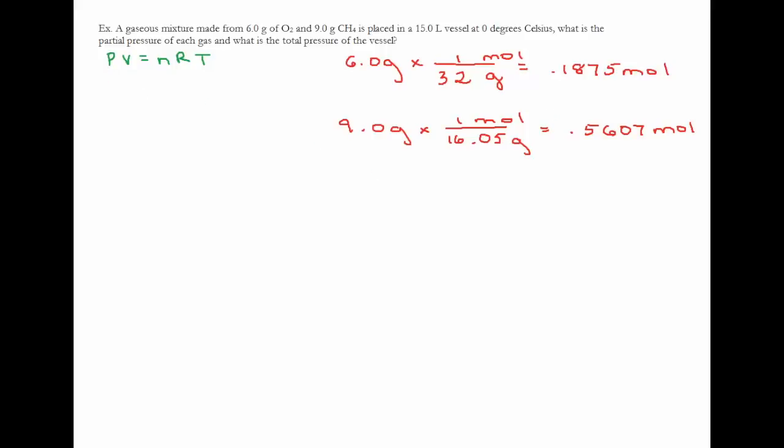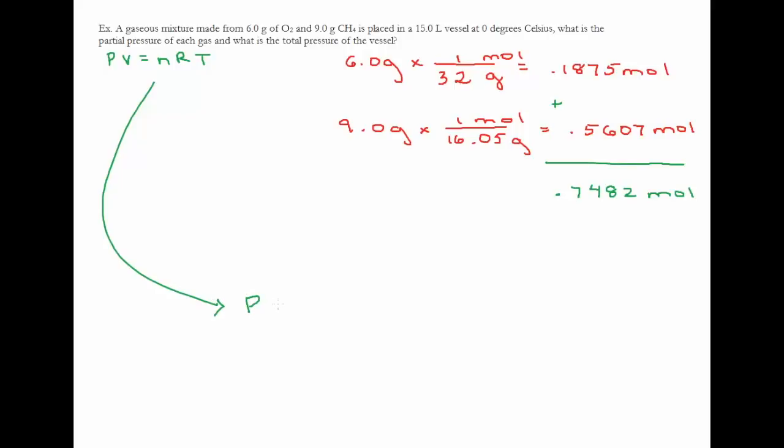What I'm going to do instead, just to show you how versatile gases are, is take these two numbers of moles and just add them together. And so if I add them together, the total number of moles would be 0.7482 moles. And so what I'm going to do right now is plug that into my ideal gas equation to solve for pressure.